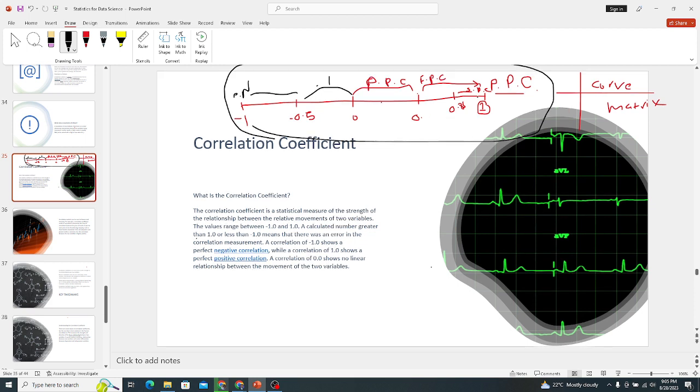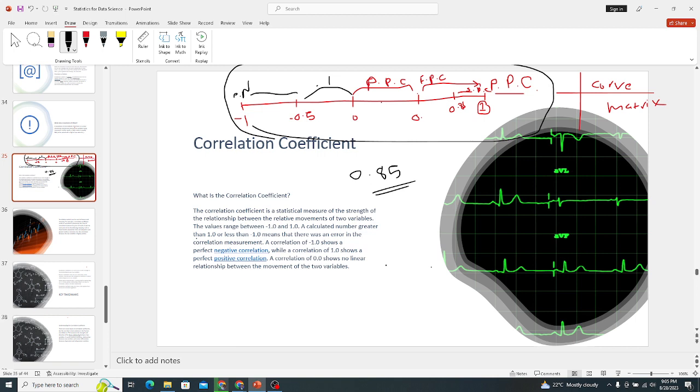We shall get more details when it comes to the practicals, but just to give you a heads up, 0.85 is mostly considered a strong positive correlation.